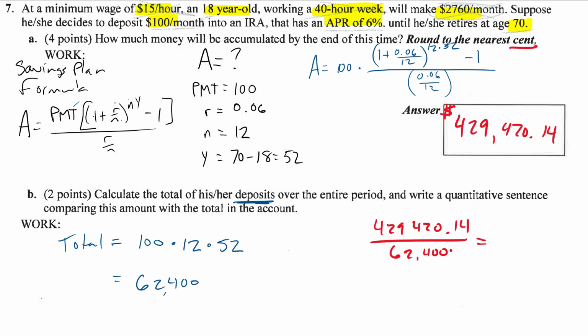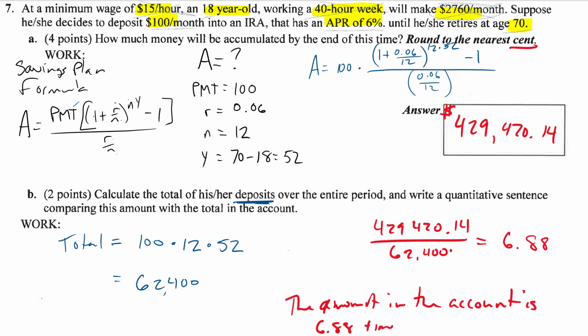That's about 6.88ish. So writing out the full sentence, the amount in the account is 6.88 times the amount deposited.